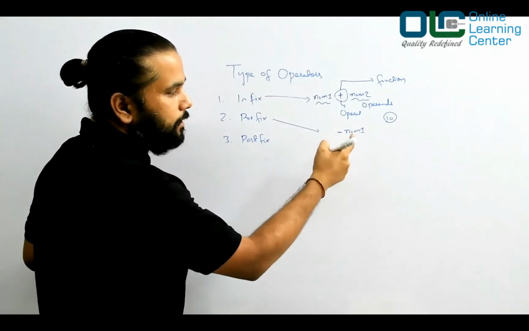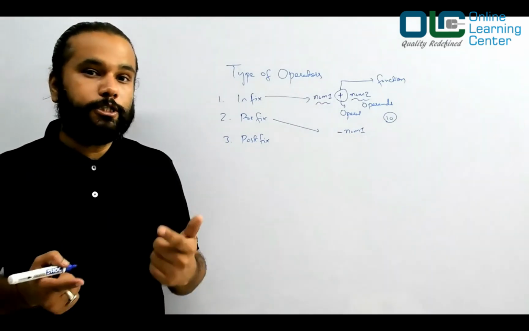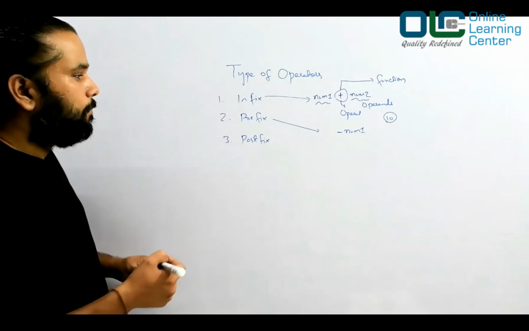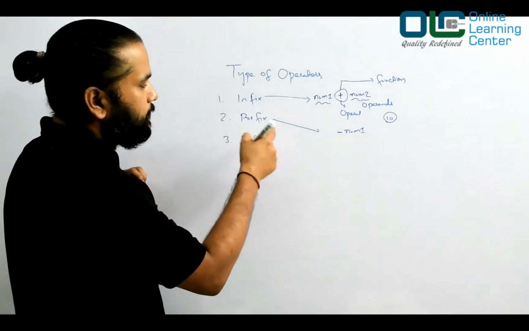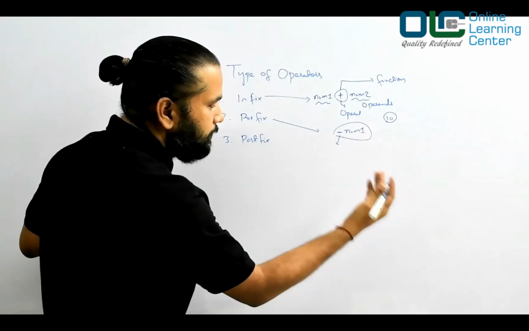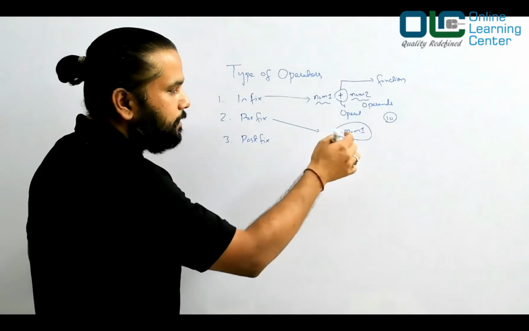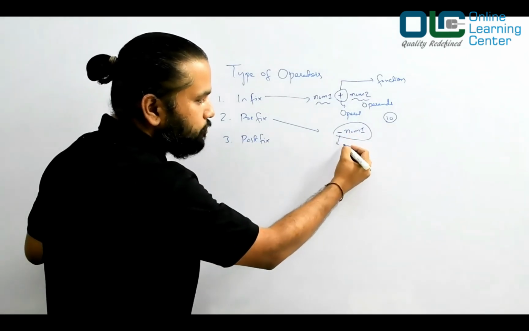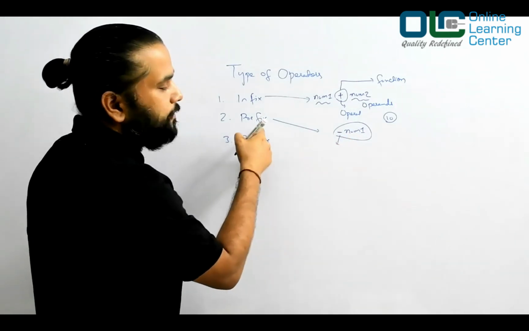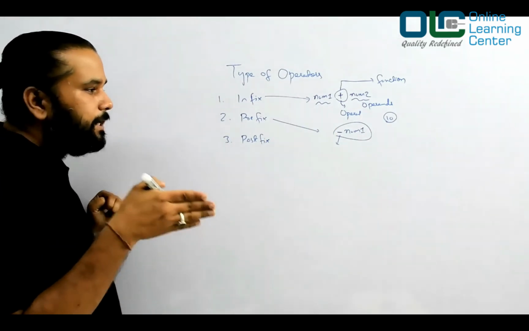This minus symbol will change the value of a number from positive to negative. From an operator's point of view, this is called a prefix because it is at the beginning, not in the middle. So these are called prefix operators because they stay at the beginning.